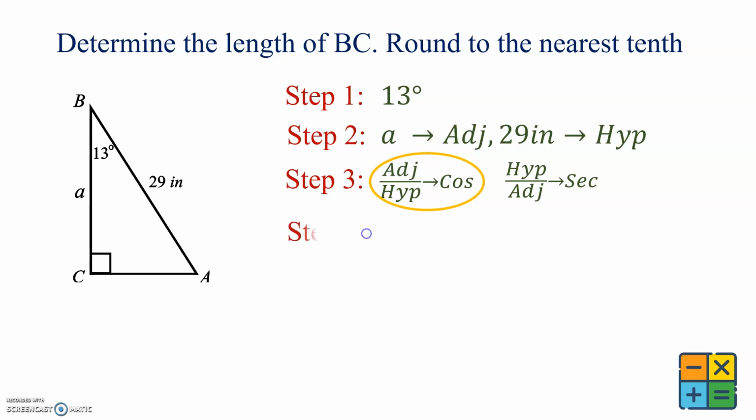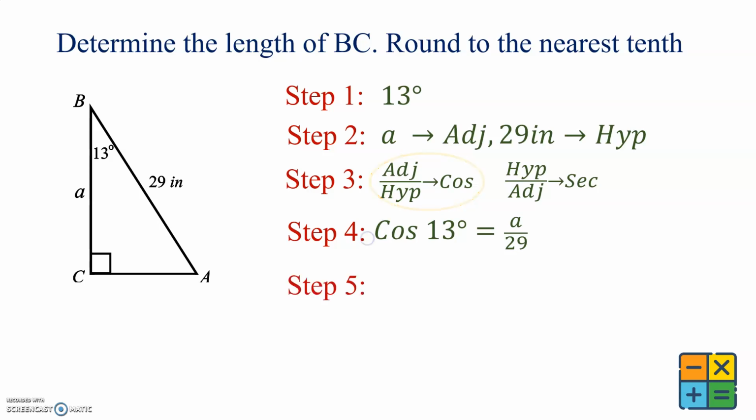Step 4 says, go ahead and substitute everything into the general format. Well, the general format says trigonometric function, which we would determine from step 3, acute angle, which came from step 1, the equal sign, and the ratio of the two sides. What we saw in step 3, cosine was adjacent over hypotenuse. Step 2 told us the adjacent was A, and the hypotenuse was 29.